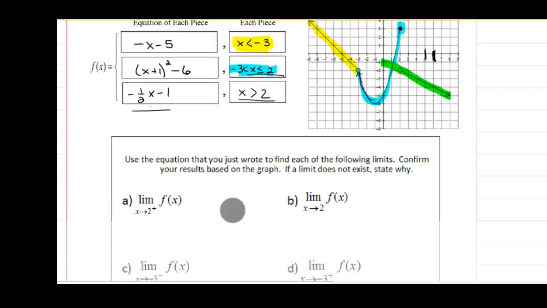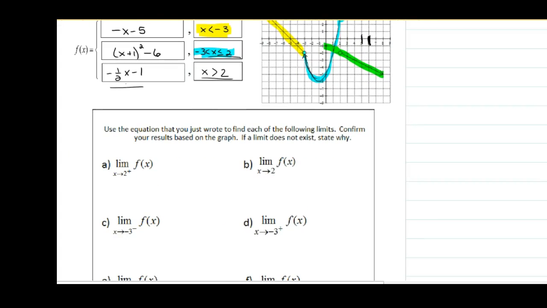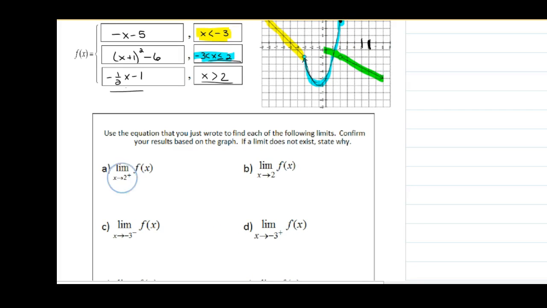So let's look at some actual limits based on that. The limit as x approaches 2 from the right. And we're not going to look at the graph for this because we could use that to verify our answer, but we want to find out how we can determine this analytically. So the limit as x approaches 2 from the right. These are my two functions that use 2. Which one evaluates 2 from the right, or from the greater than side?